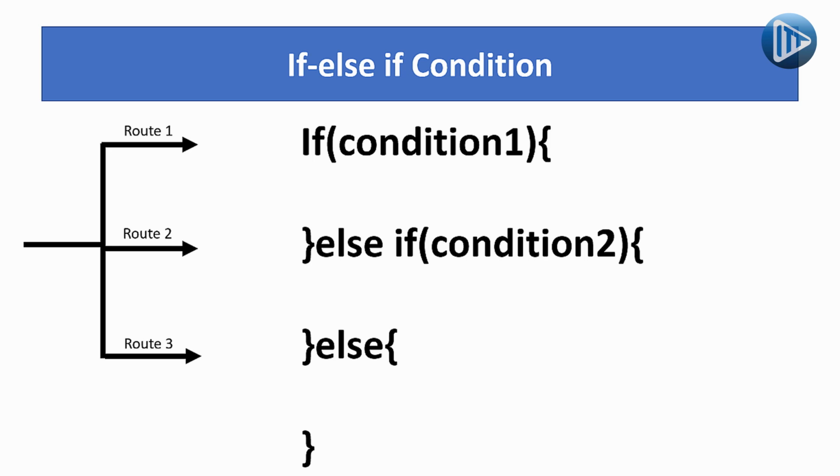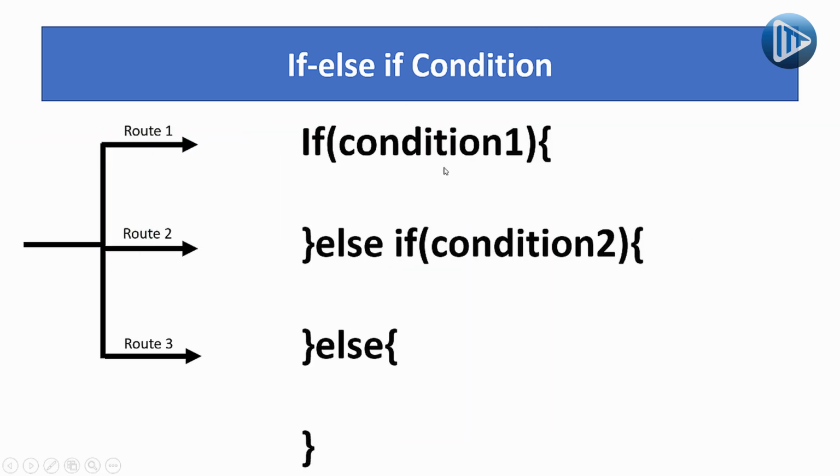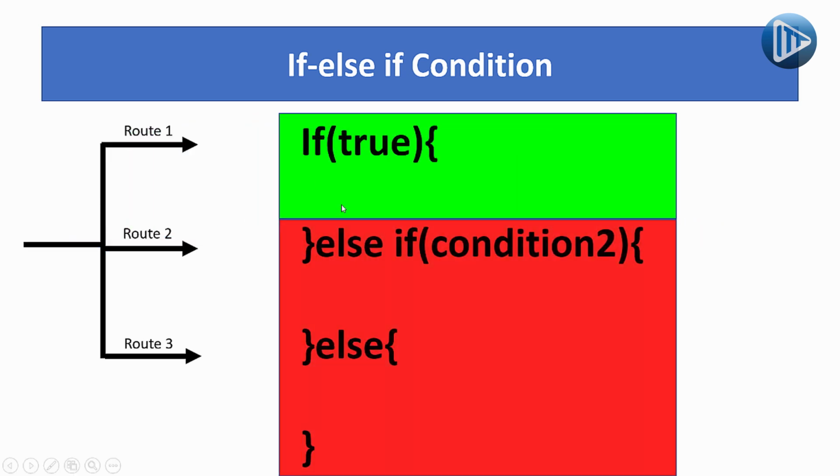First thing, we are going to check the first condition over here, condition 1. If condition 1 is true, then we are going to trigger the code inside this first if condition, or the first block of our if-else-if structure, and ignore or cancel the other parts.